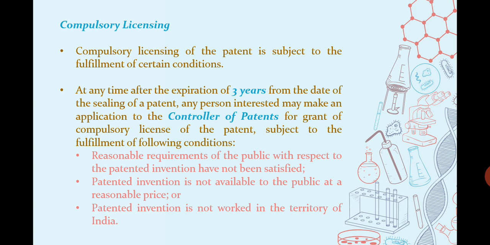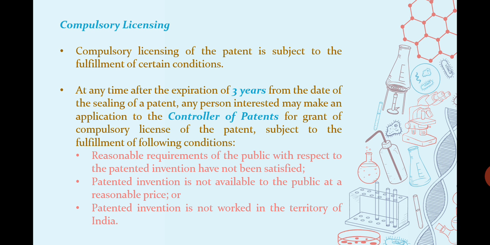However, there are certain conditions for that, in which case the government of India, if satisfies the following conditions, the government will get certain rights over the patented invention, which is the reasonable requirements of public with respect to the patented invention have not been satisfied. Reasonable requirements of public meaning, let's say there is an invention with respect to medicine for coronavirus, and there is a patent which is granted to one of the pharmaceutical company for the pandemic which is currently going on throughout the world.